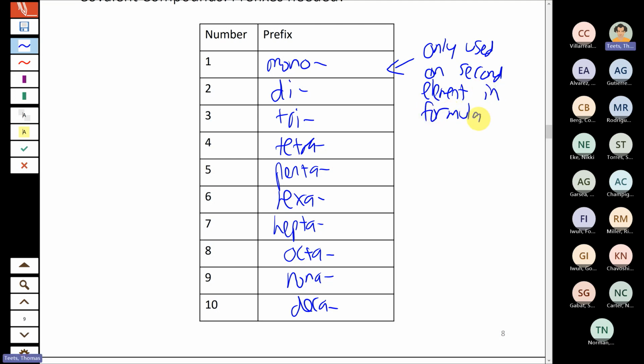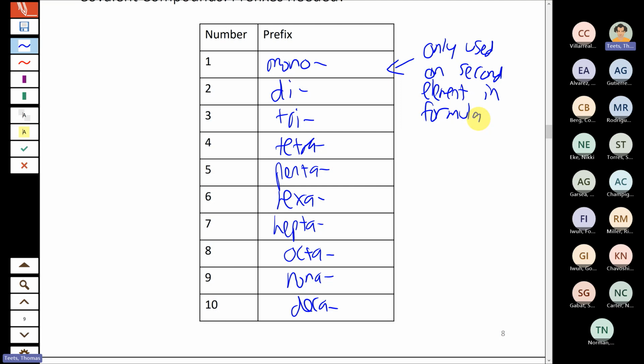If the first element in the formula only has one of them, you don't put mono in front of it. That's just some weird convention. So CO is carbon monoxide, not monocarbon monoxide, and CO2 is carbon dioxide, not monocarbon dioxide. We leave the mono off if it's the first element in the formula and there's only one of them.